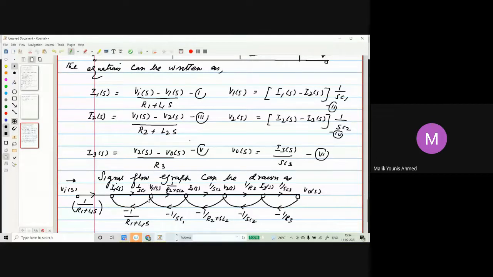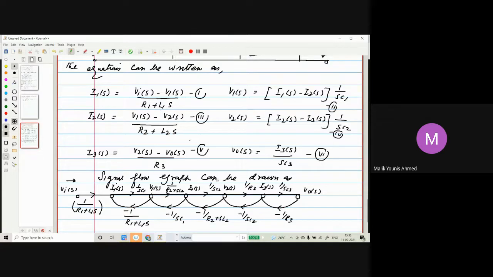This voltage V1 of S multiplied by this feedback value minus 1 by R1 L1 of S will be I1. So together in totality, this current is this thing multiplied by this thing, and here Vi of S multiplied by this value 1 by R plus L1 of S, and also minus V1 of S, so we are satisfying this equation.